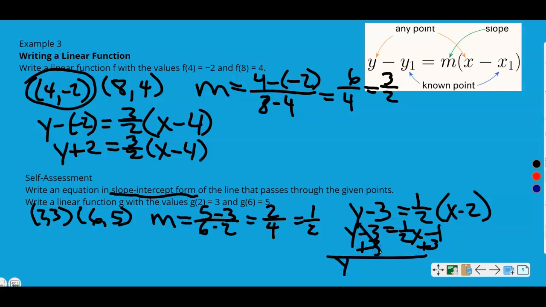So we were correct. We just had to put it in the right form. So y equals 1/2 x, and then plus 2. All right, so slope-intercept form. This is now slope-intercept form. All right, again, if you use the other equation, you could still do the same process and put it in slope-intercept form.